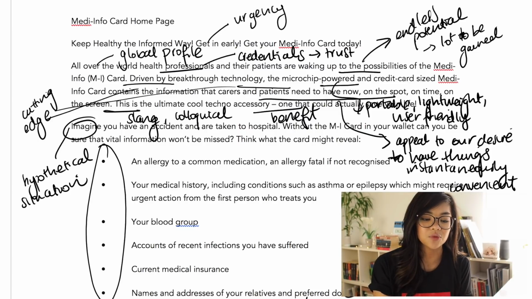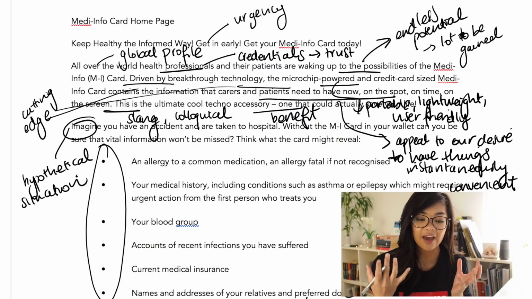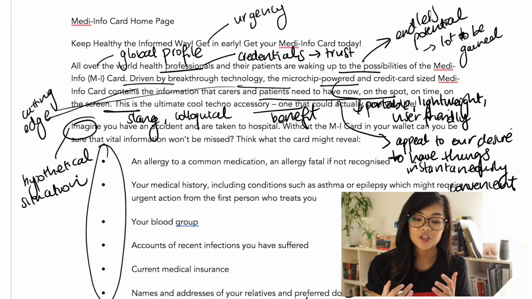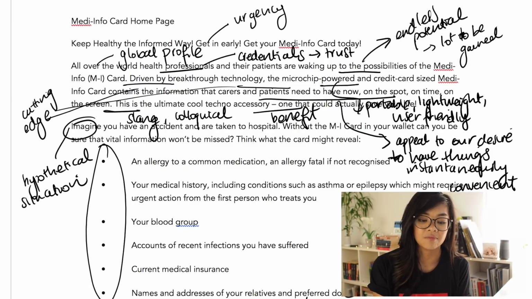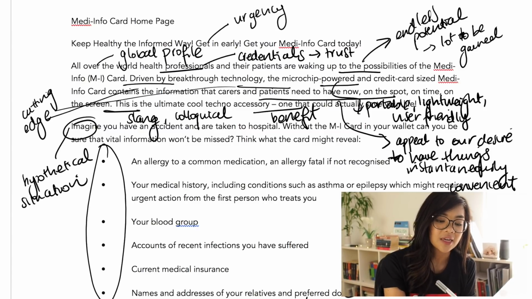So then this person moves on to say, imagine you have an accident and are taken to hospital. Without the MI card in your wallet, can you be sure that vital information won't be missed? Think what the card might reveal. Imagine itself is a hypothetical situation.